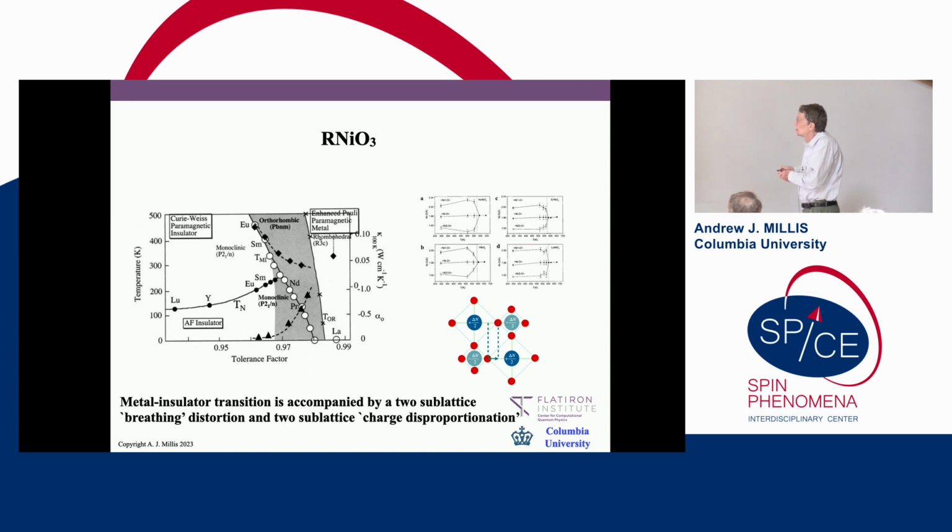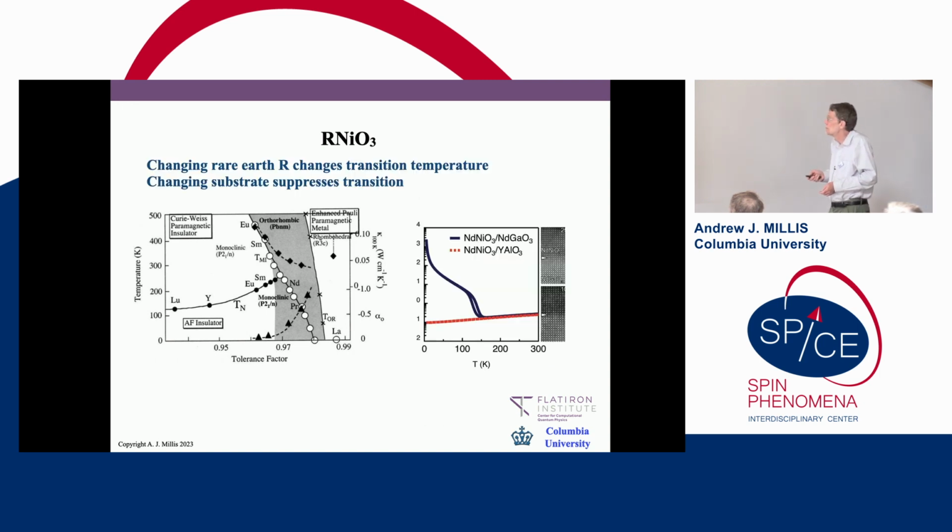The metal-insulator transition is associated with a strong disproportionation where the octahedron around one nickel gets small, and the charge on that nickel gets less, and the octahedron on the next nickel over gets big, and the charge gets more. So there's a coupled electronic and lattice rearrangement at the transition. Right? So this has been known essentially forever.